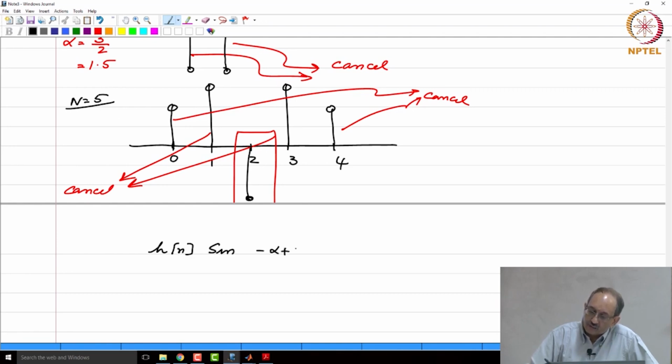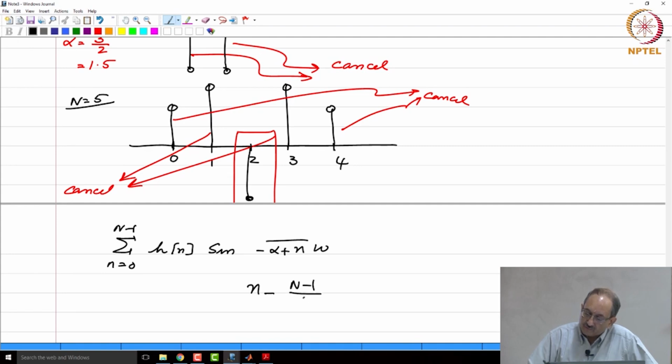Now, this is left without a pair, but remember we are looking at h of n sin of minus alpha plus n omega. So, this goes from 0 to n minus 1. So, this is really n minus alpha, and alpha is n minus 1 by 2.